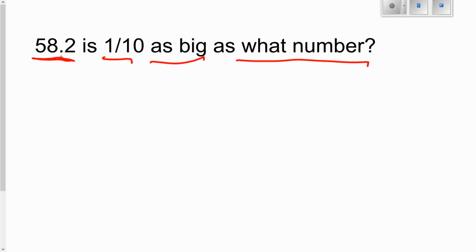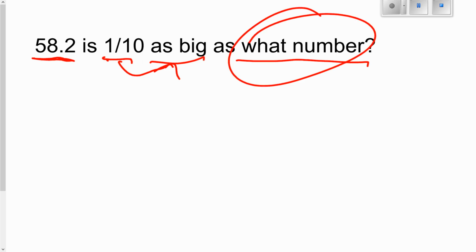Well, if 58 and 2/10 is 1/10 as big as something, that something has to be bigger than 58 and 2/10. You know, if I said to you, well, I ate 1/4 as much pizza as my friend, I know my friend ate more pizza than I did. So I know that that answer is going to be bigger than what I started with.